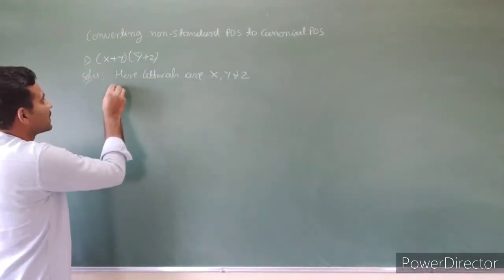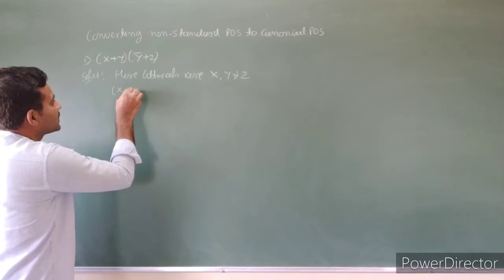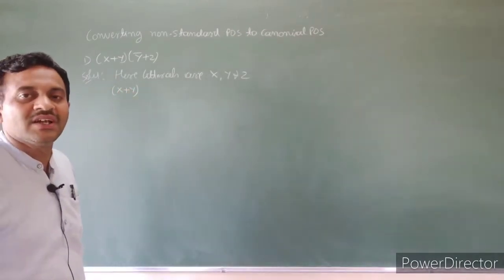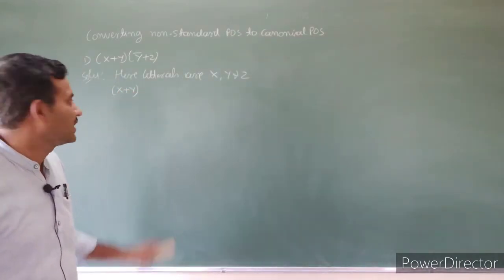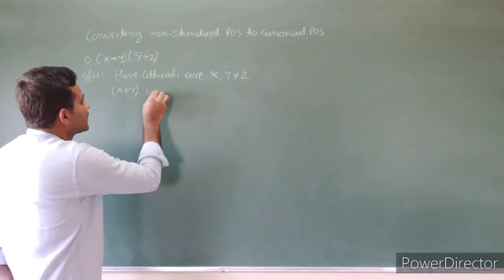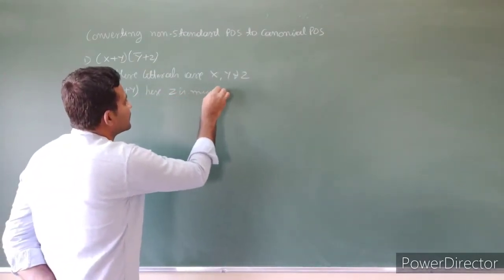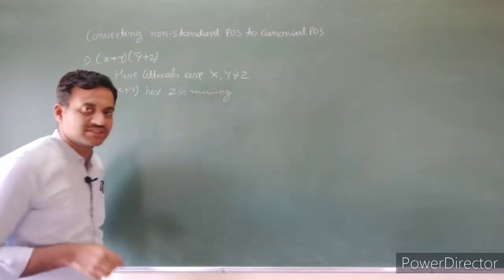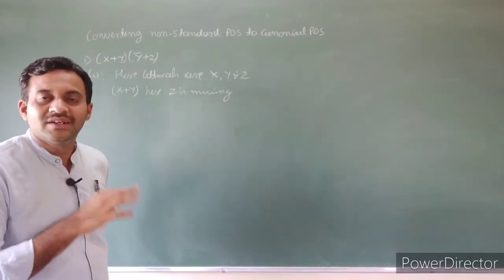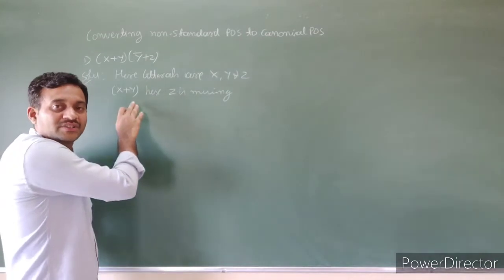Consider the first sum term, x plus y. Here z is missing. Then we have to add z to the sum term.